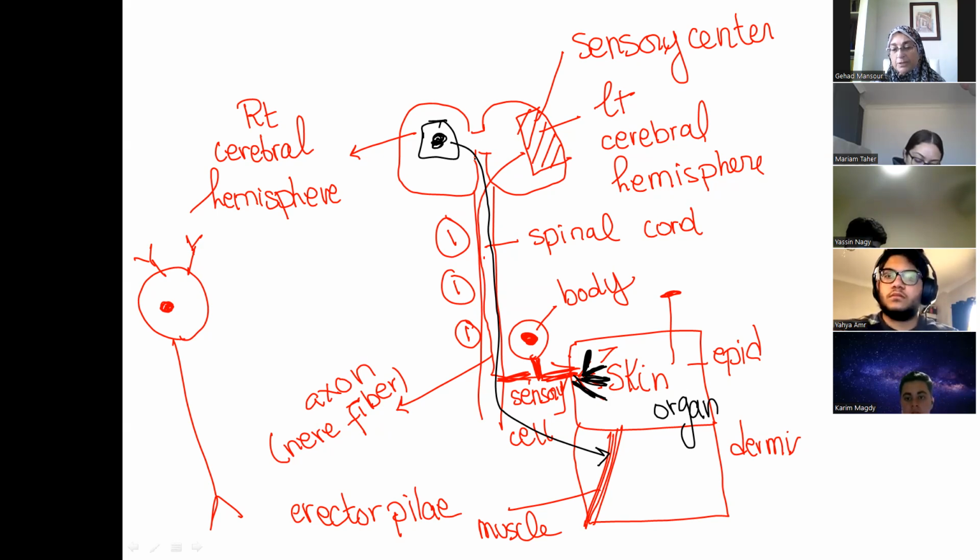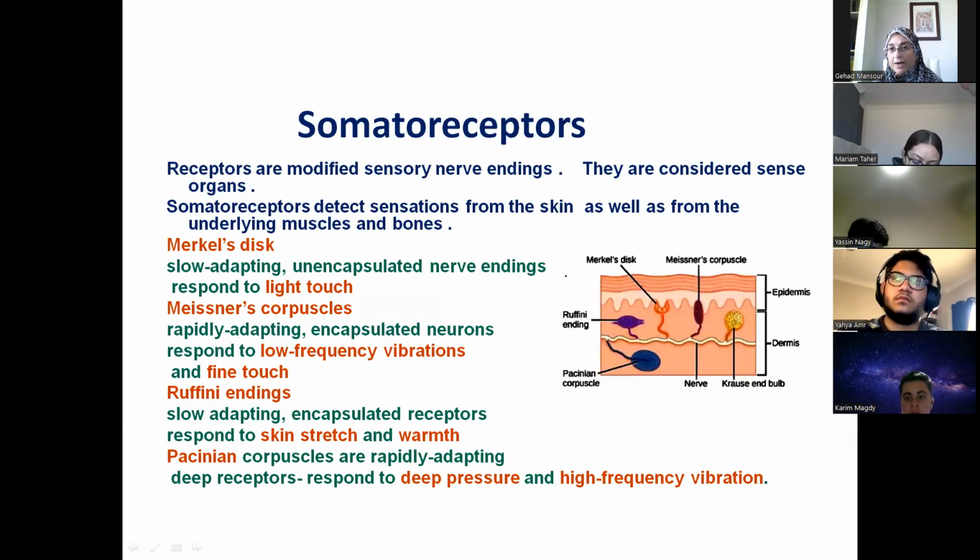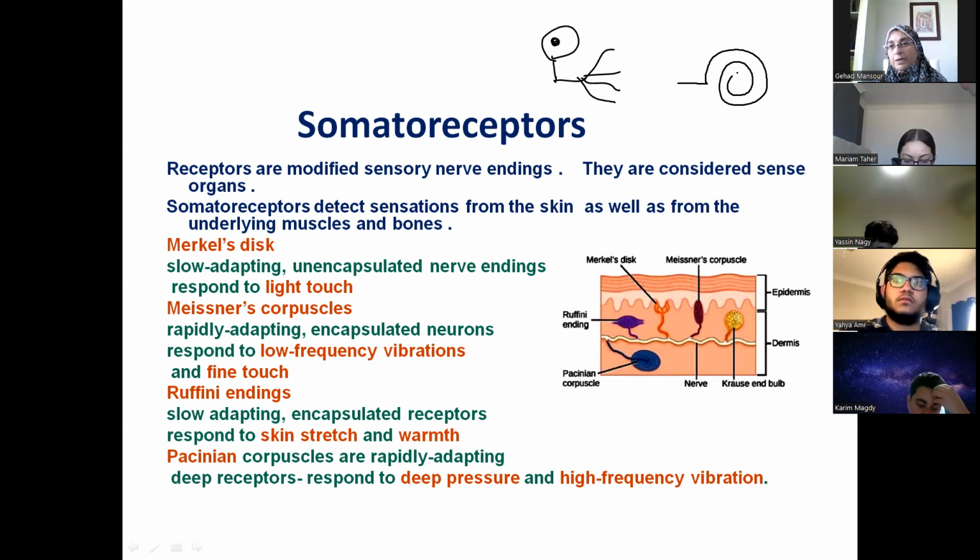A receptor is nothing but a modified sensory ending. يعني بدل ما السنسوري ending يبقى مجرد terminal branches كده of the sensory nerve cell، لا هيبقى modified. يعني مثلا ممكن يبقى coiled كده ويبقى كمان حواليه capsule.